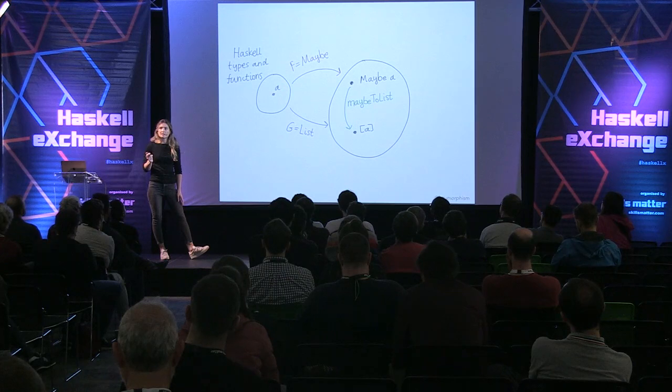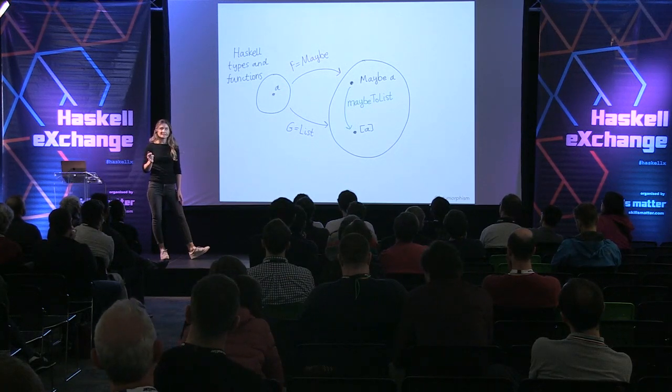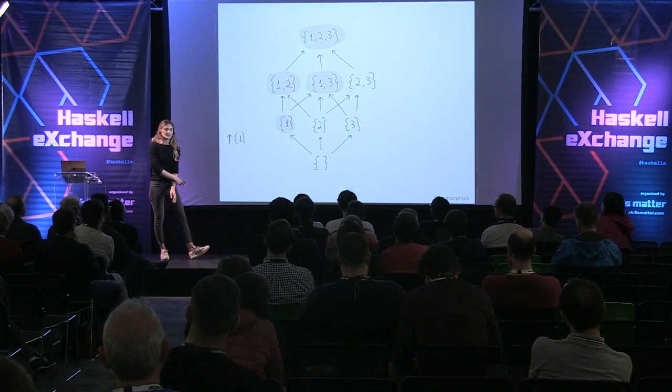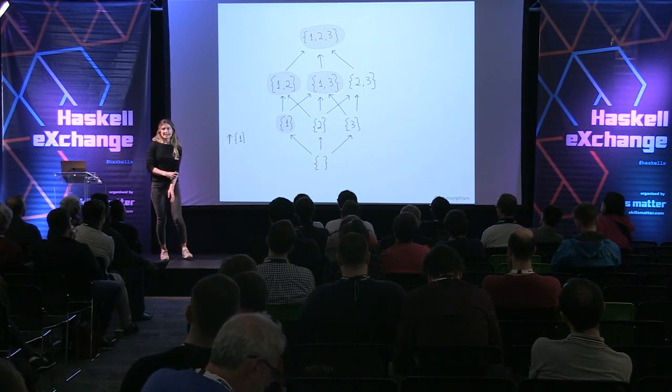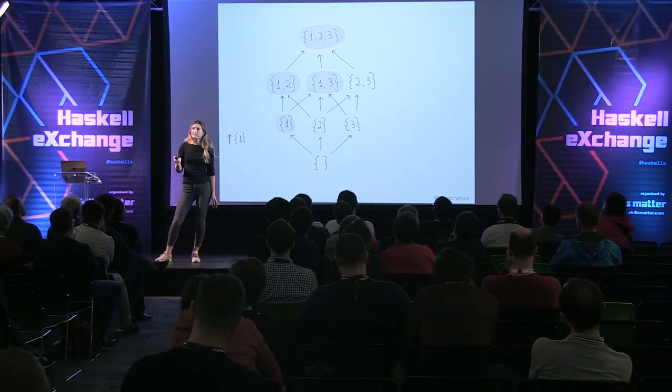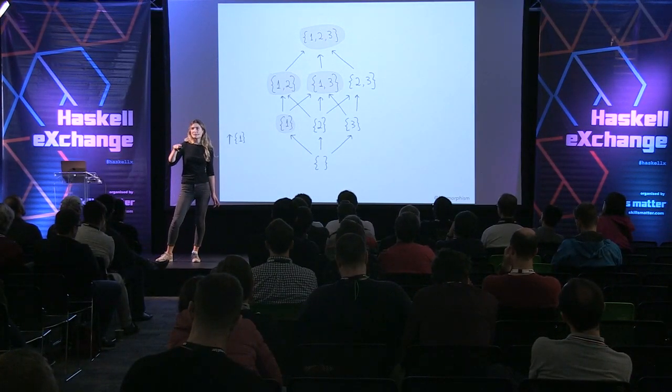So we are near the end now. And I wanted to ask you to look at this picture again. So this was the upper set on a preorder. In this example, we have the power set preorder, where the less than or equal relation is the subset relation. So the upper set of 1 is the set that contains 1 and anything bigger than it.